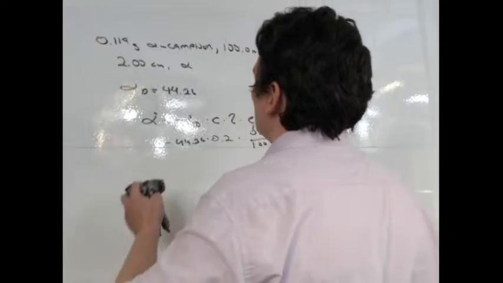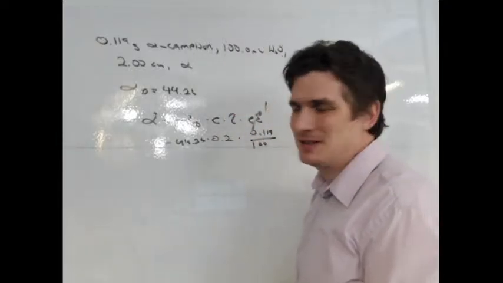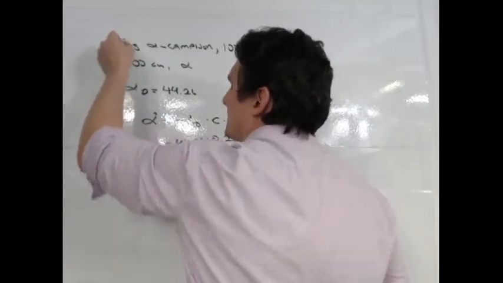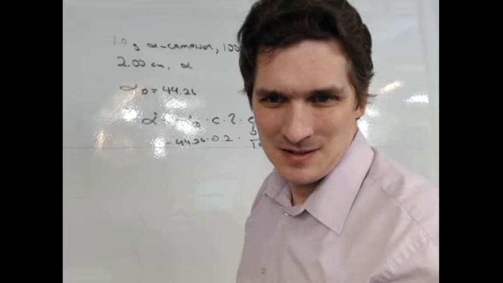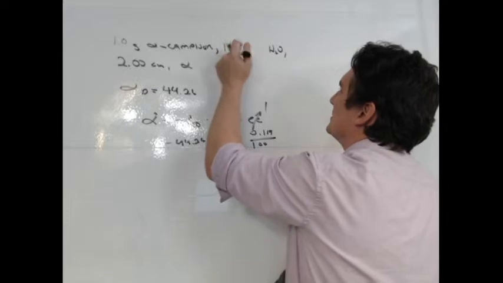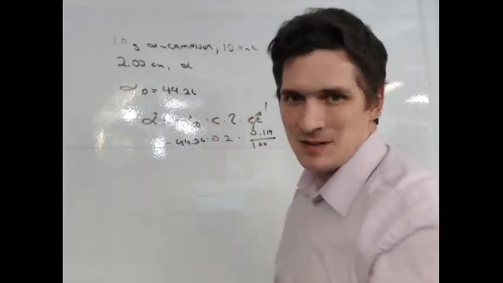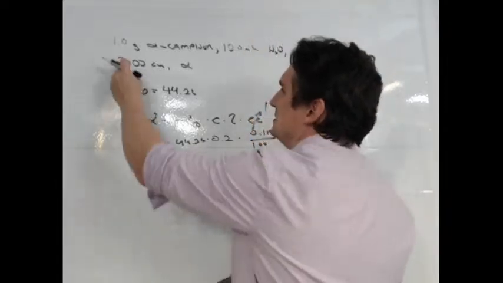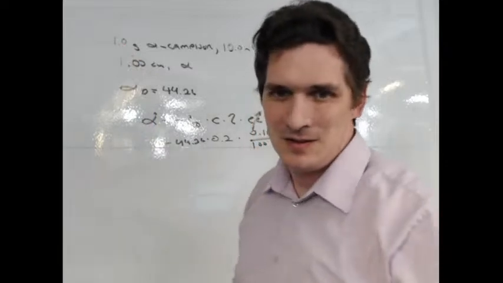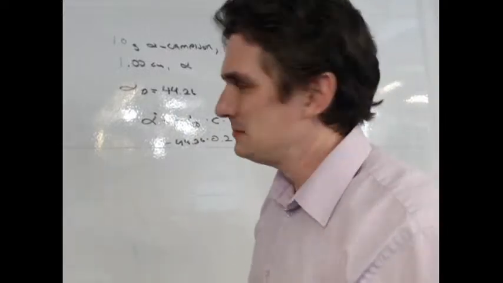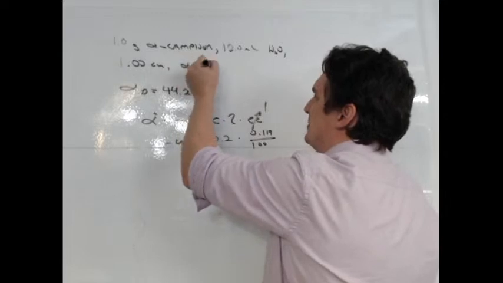You have 1 gram of camphor, ten mLs of water, path length of 1 centimeter. Need 11, alpha is 11.2 degrees.